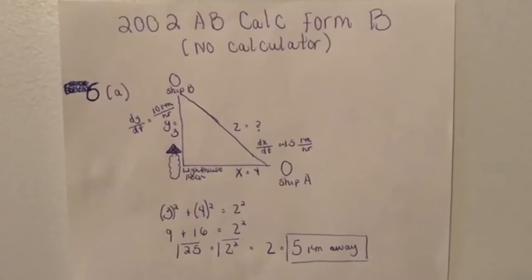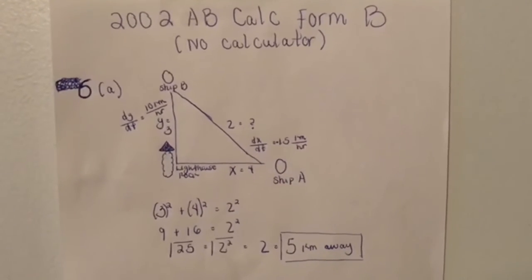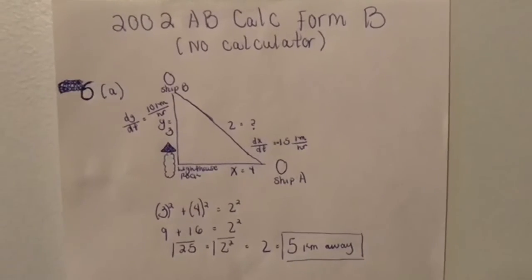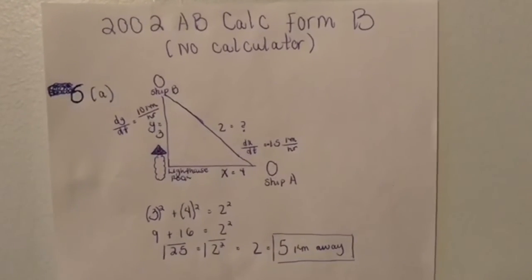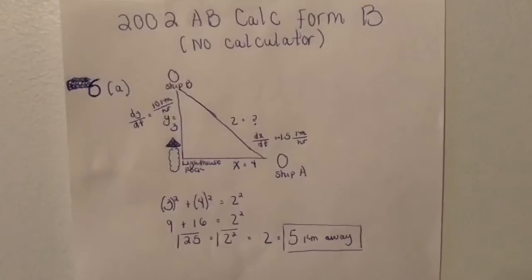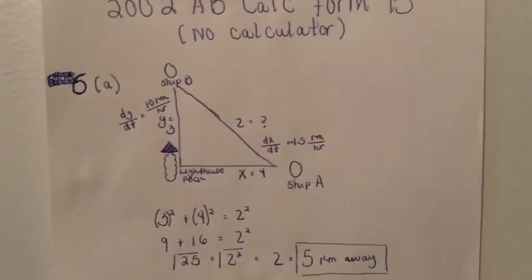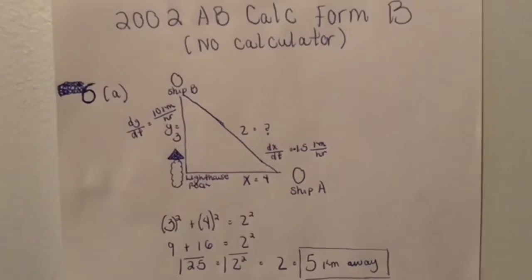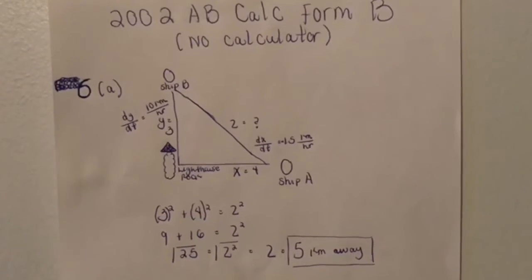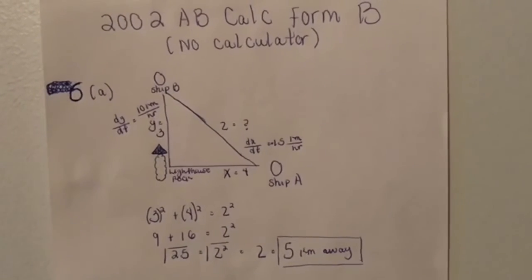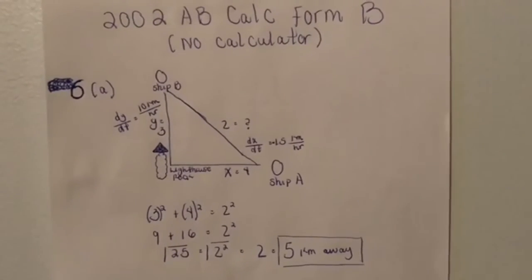Ship A is traveling due west towards Lighthouse Rock at a speed of 15 kilometers per hour. So right away, I'm going to write down that dx over dt is -15 kilometers per hour. At the same time, ship B is traveling north from Lighthouse Rock at a speed of 10 kilometers per hour.